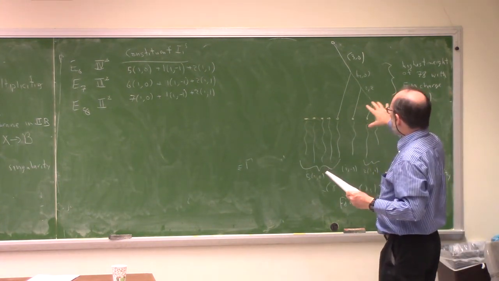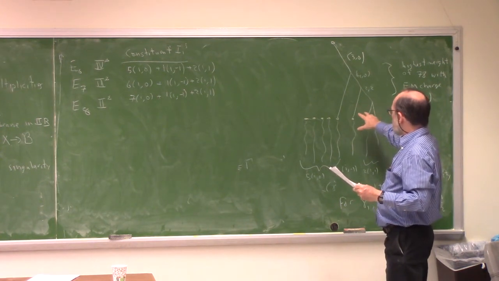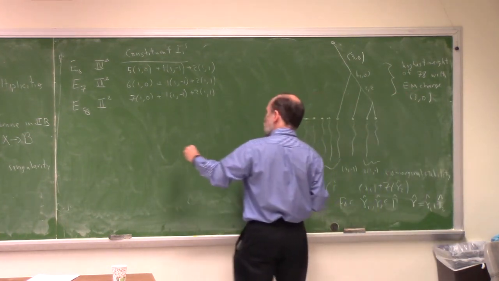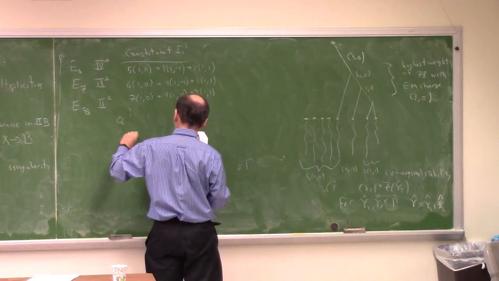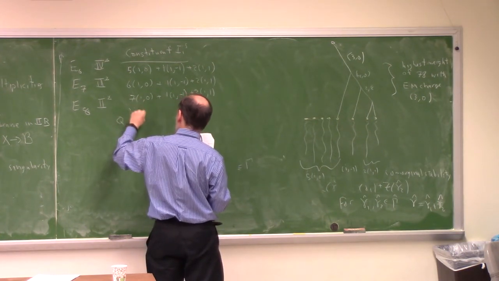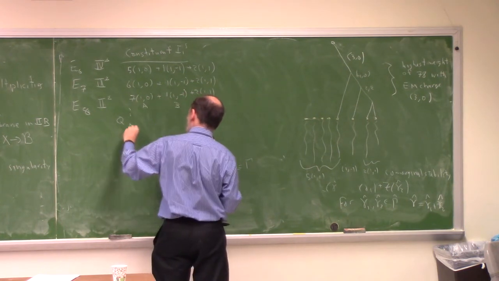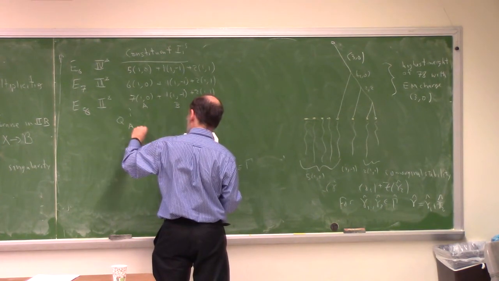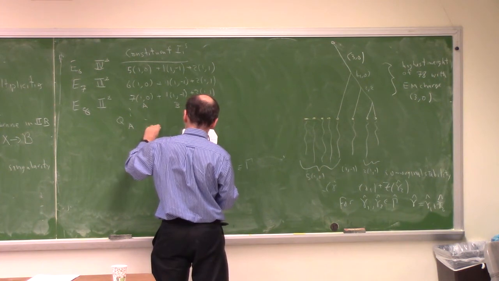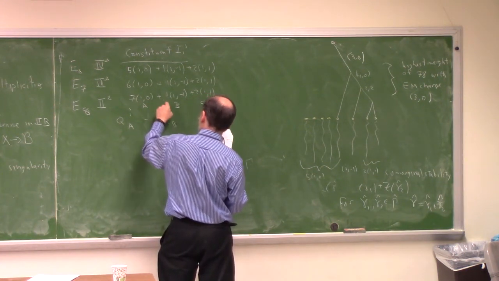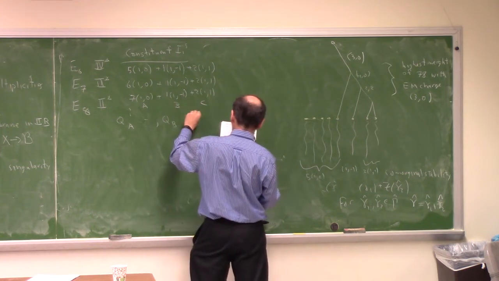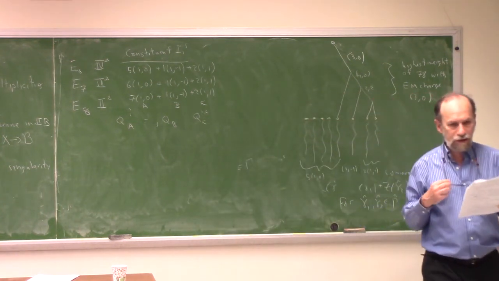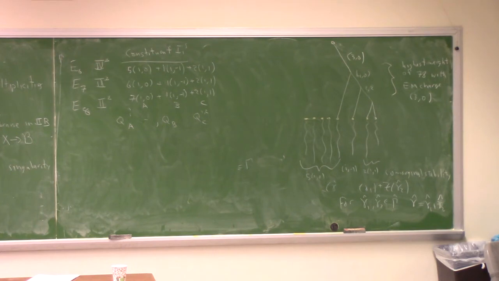So the idea is that a way of labeling these strings is just by saying that I have Q_i^A, let me just call these A, some number of strings ending on the ith 7-brane of type 1, 0, some number of strings ending on the 7-brane of type 1, -1, and Q_1 and Q_2, some number of strings ending on the 7-brane of type 1, -1.